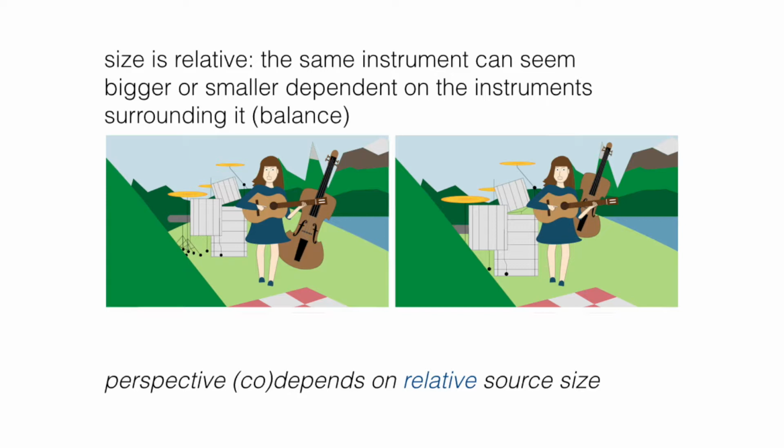I have a nice example of this in the form of two songs by the same band, in which in the first song the vocal is surrounded by a bigger arrangement, and in the second song is only supported by a piano. And while the vocal is sung by the same person in the same room with the same microphone, so everything is constant, and it's also mixed in a very similar way, the size of the vocal changes because of its surroundings.